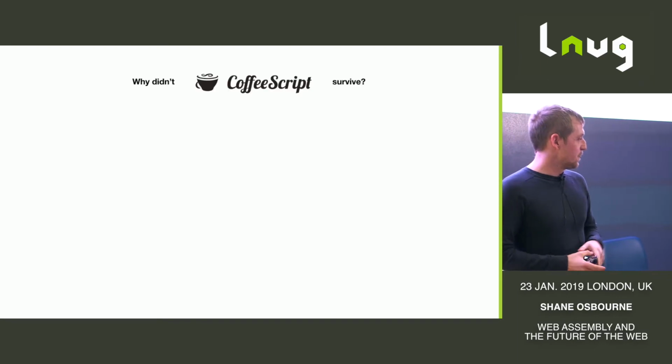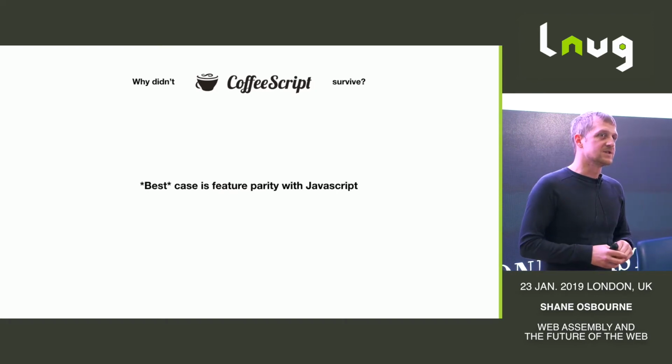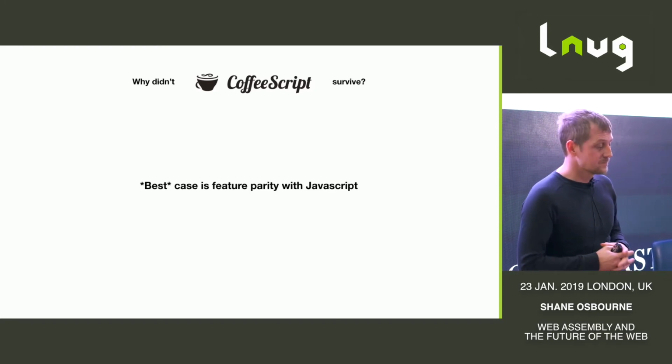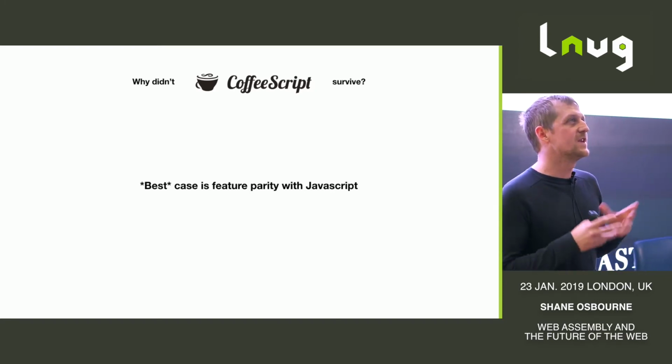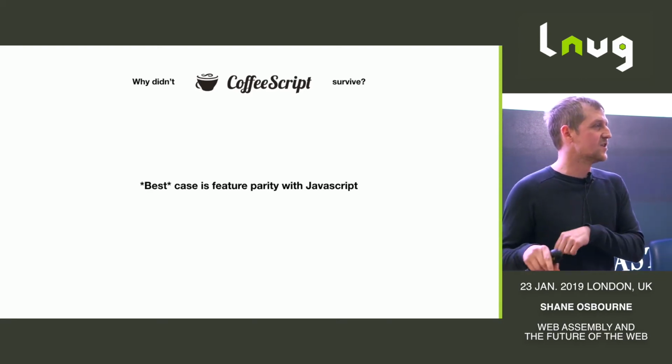And why is that? Why didn't Coffeescript survive? I think it's two main reasons, and these are very personal opinions. First of all, when JavaScript is your compilation target, if you think about it, that means the very best you can do is the same as that target, right?